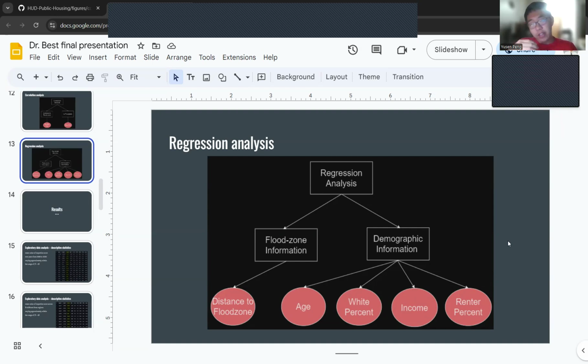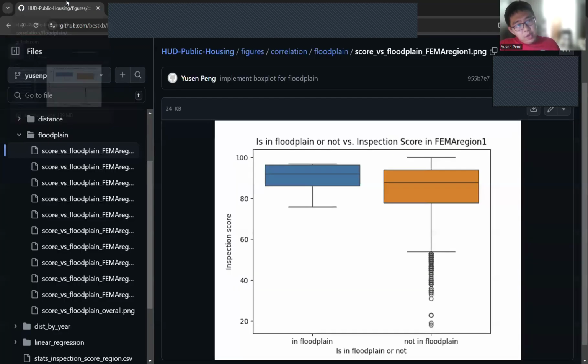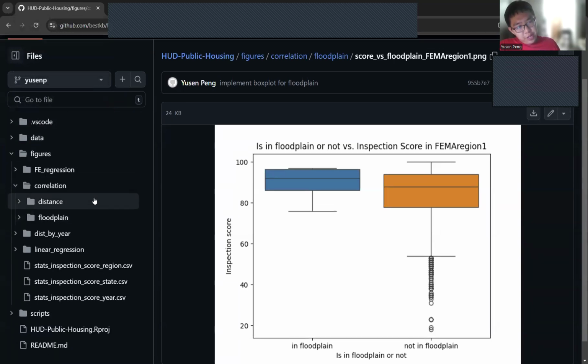And the last one is renter percent, how many people here are actually renters of these public housings.